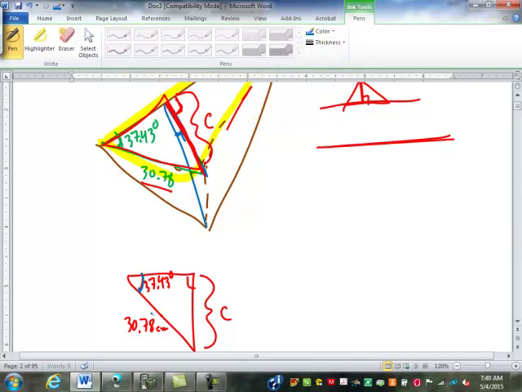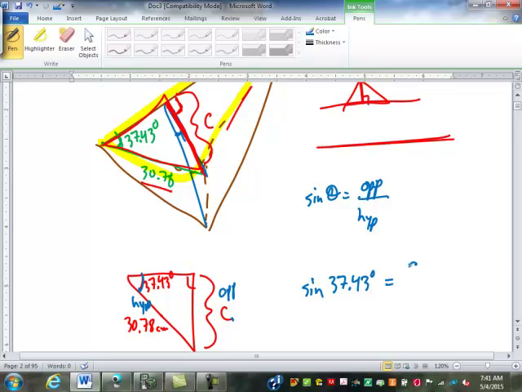Well, if this is my angle, the 30.78 is which side? Hypotenuse. C is the opposite. Opposite hypotenuse make sine. So it's going to plug in there. My angle is 37.43 degrees.